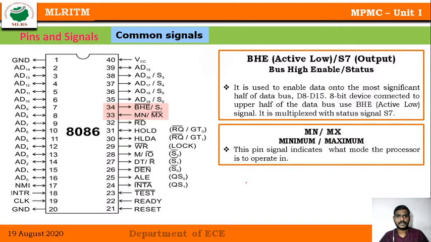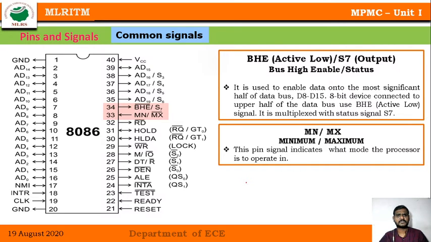Pin number 33 is called MN/MX bar. This pin indicates whether the processor is working in minimum mode or maximum mode configuration.